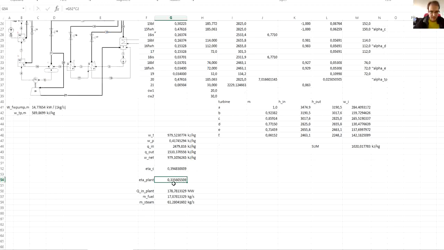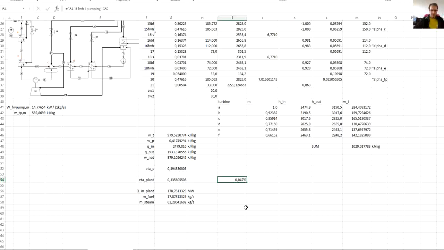The overall efficiency thus improved by, we can actually put it here as another function, this one minus this one, and we can see that the efficiency improved by 0.4 percentage points, or 0.5 percentage points.